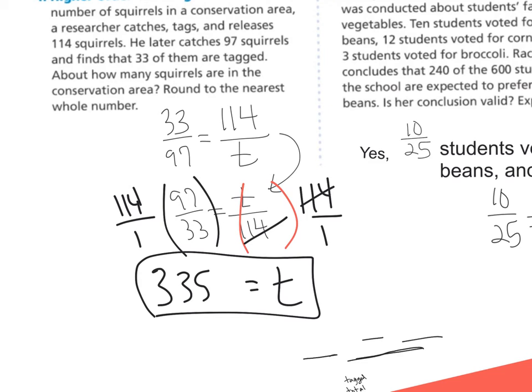Earlier he tagged and released 114. So if he already tagged 114 earlier, our answer should be more than 114 for how many there are altogether. He didn't tag more than there are squirrels. That doesn't make sense.